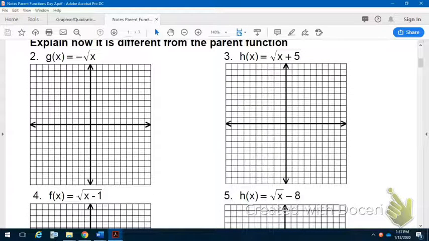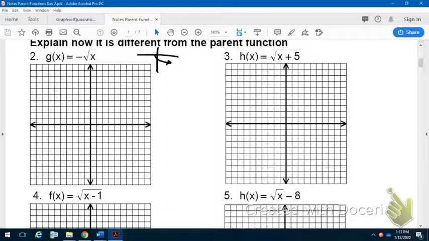So if you remember the other day, when we had the negative in front, it made it reflect over the x. Well, if it reflects over the x, then instead of starting at the origin and going up, it's going to start at the origin and go down and to the right. So that's what our graph is going to look like.